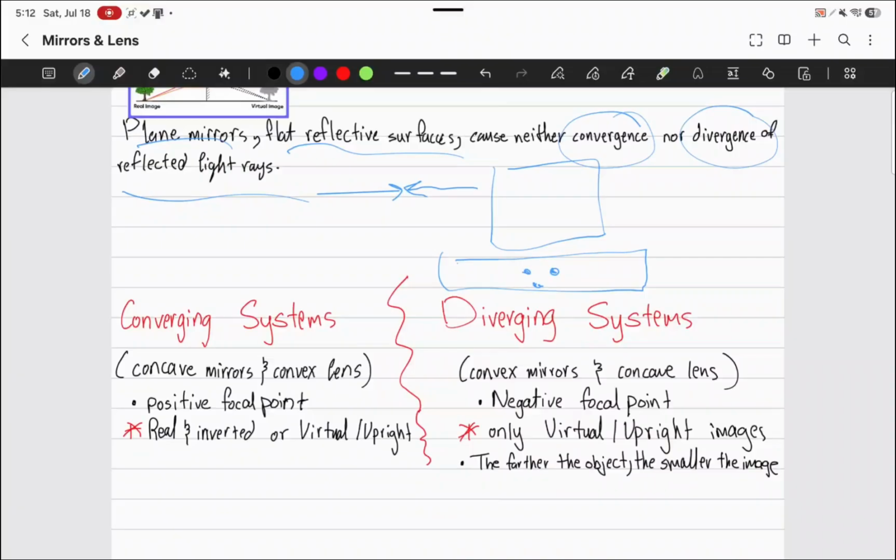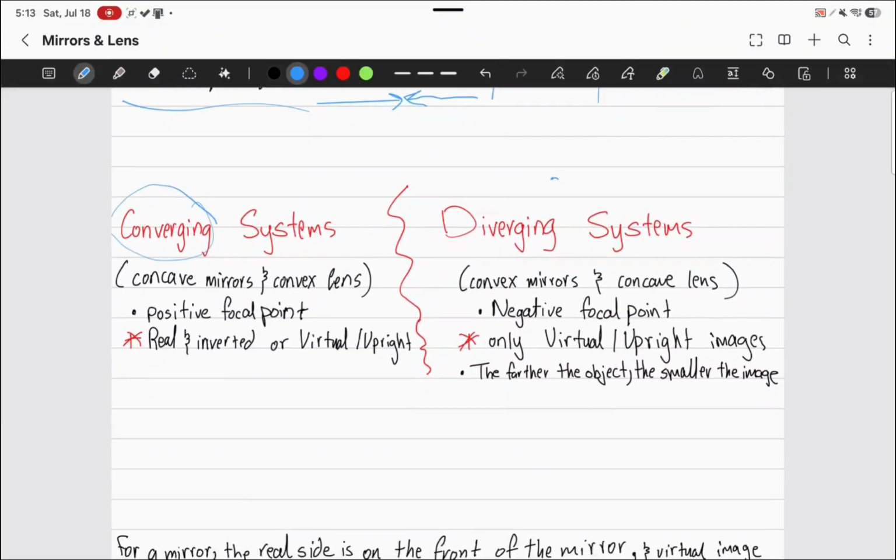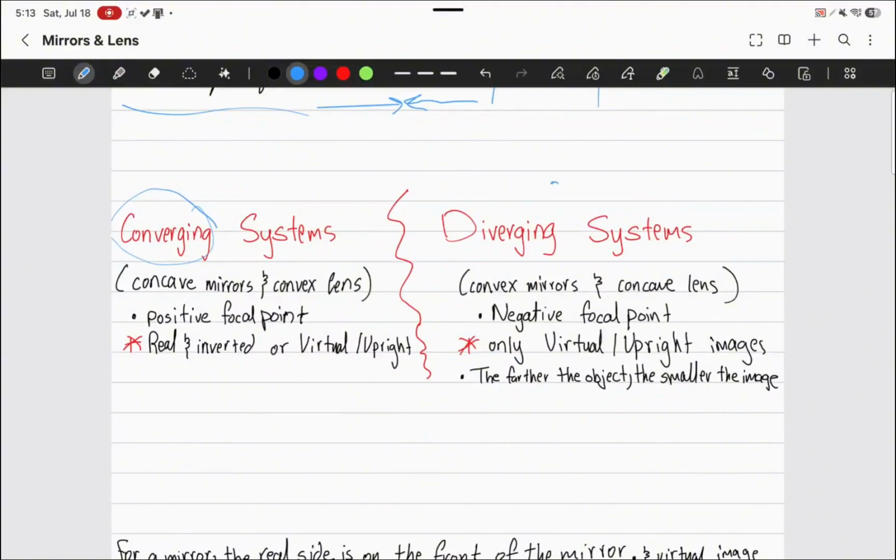Now, the ideas of converging systems and diverging systems are going to be useful to categorize the different lenses and different mirrors. When something is converging, this means that it can either be a concave mirror or a convex lens.